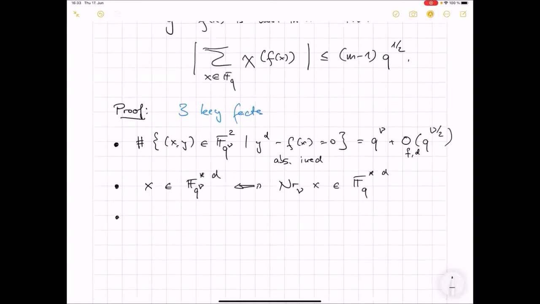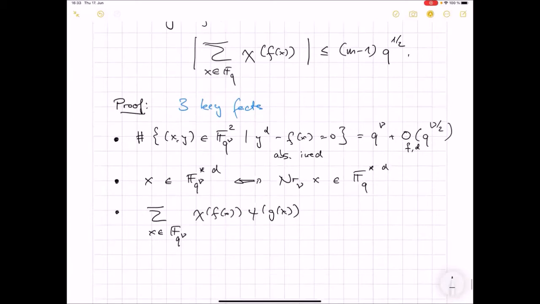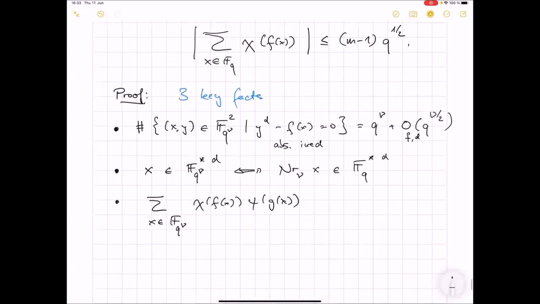So that's very simple. And then also a very important fact is what's the shape of character sums over extension fields. And I write this down in slightly more general form. If I have a character sum over an extension field, chi of f of x, psi of g of x, we don't need psi for this theorem, but we need it in general.